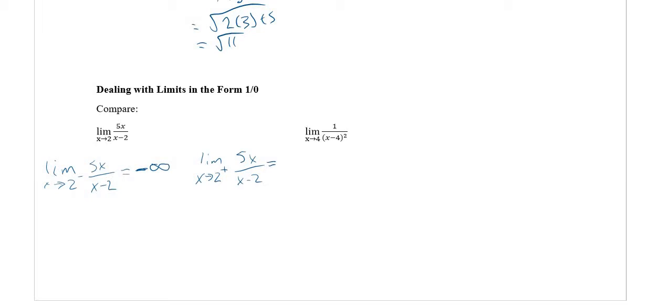And you should get a very big positive number if you do that. So now looking at the left-handed and right-handed limits, we have negative infinity and positive infinity. But we said that for a limit to exist, they have to approach the same value. In this case, they're totally different. Therefore, the limit does not exist.